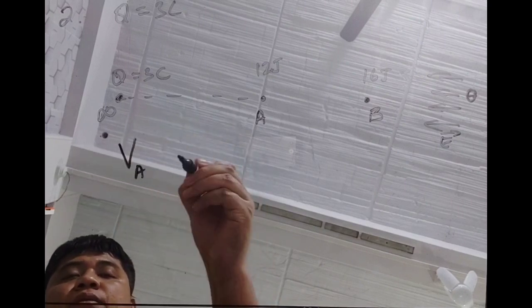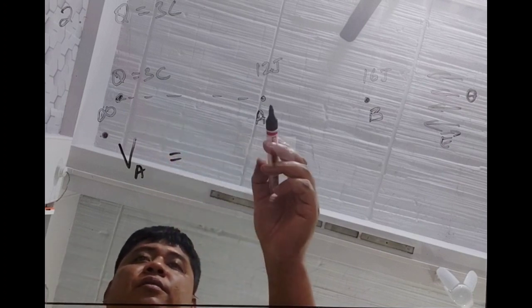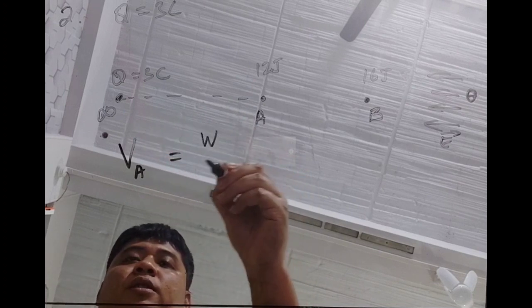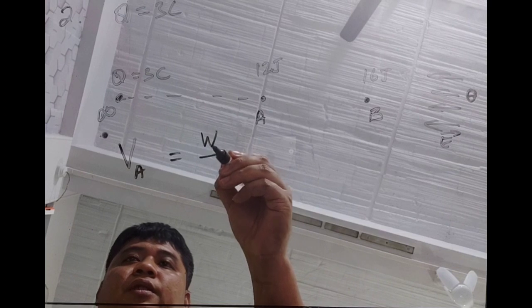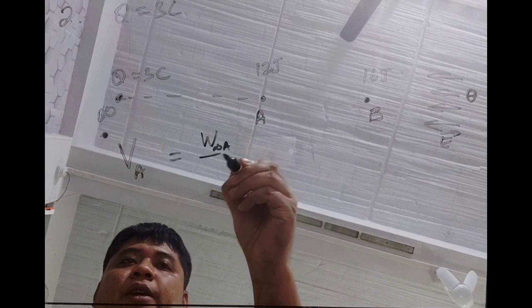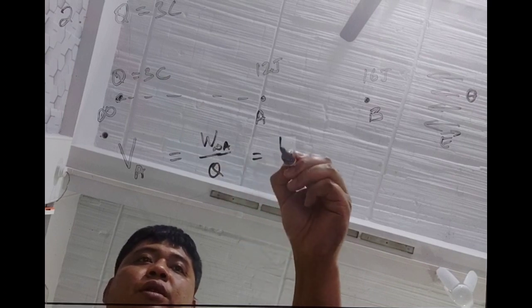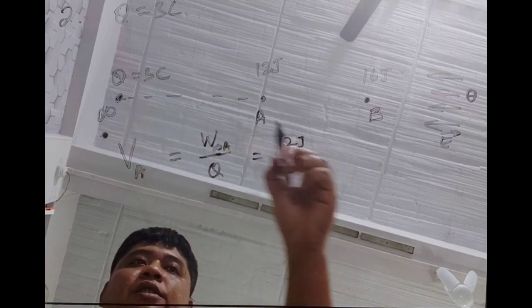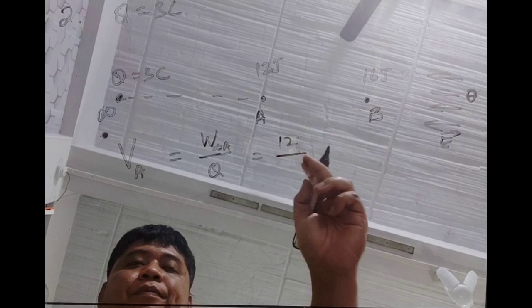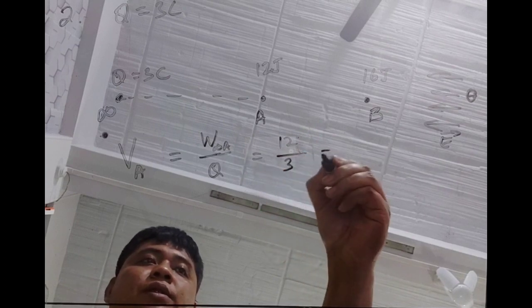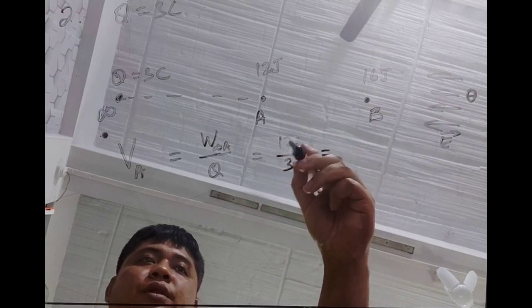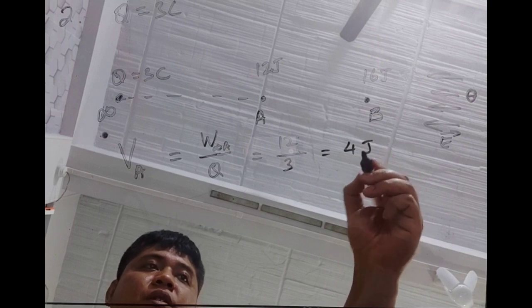Potential at point A, what is it? It is the amount of work done per charge. V at A is work done from infinity to A divided by the amount of charge. That is 12 joule divided by 3 coulomb. 3 4s are 12, it is 4 volt.